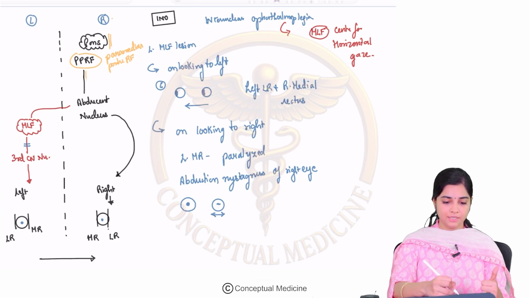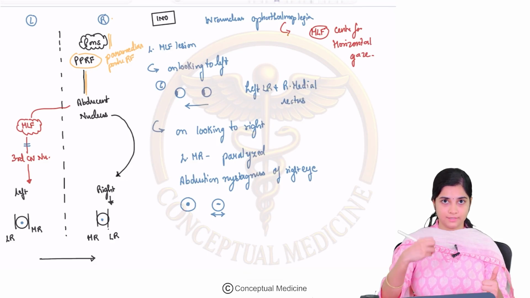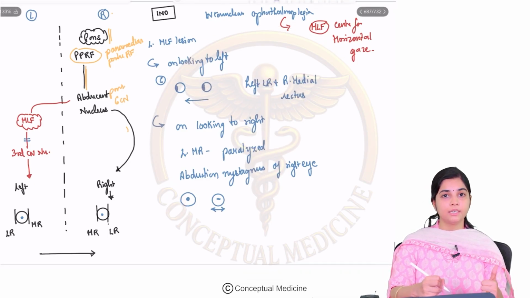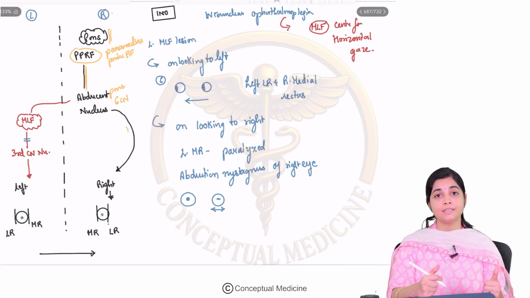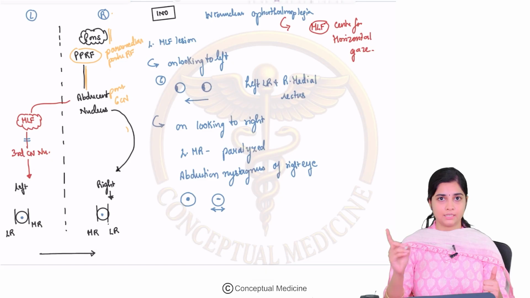The PPRF goes and supplies the abducent nucleus of the same side. The right-sided PPRF is going to supply the abducent nucleus, which is present in the pons. The abducent nucleus is the 6th cranial nerve nucleus. We had learnt the mnemonic: the 6th cranial nerve supplies which muscle? Lateral rectus. LR6 SO4.